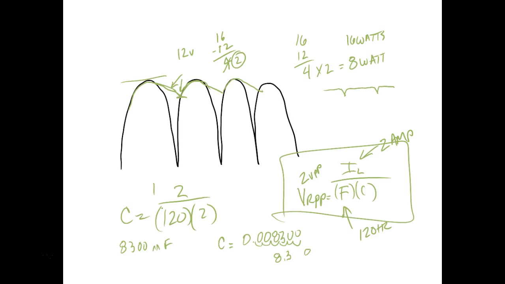Actually, C would be equal to I load over the frequency of my pulses times the V ripple peak to peak. I think that's the formula I put on the review sheet.